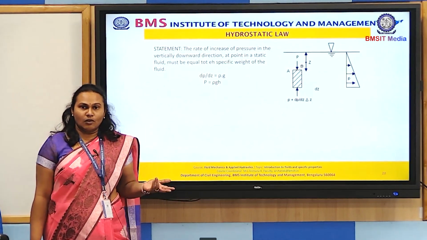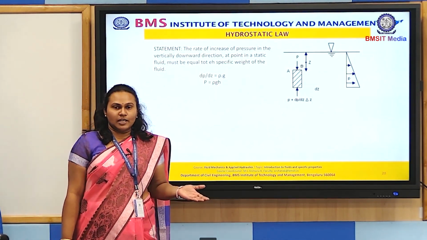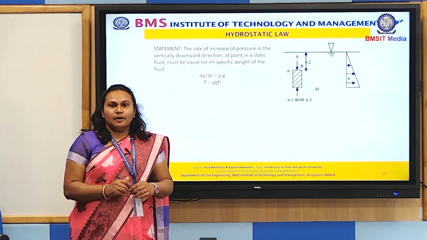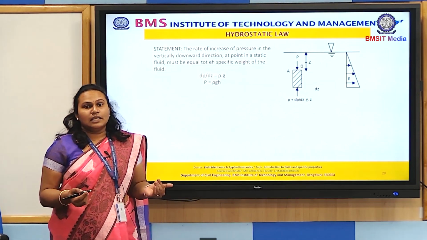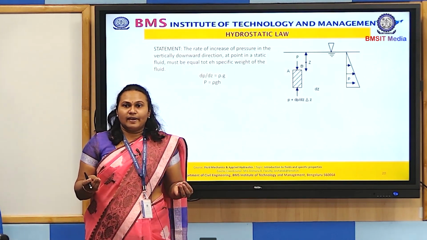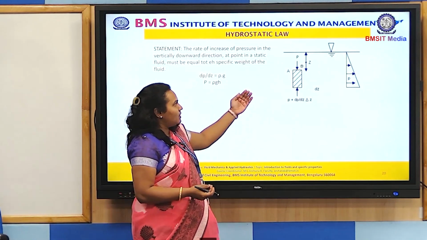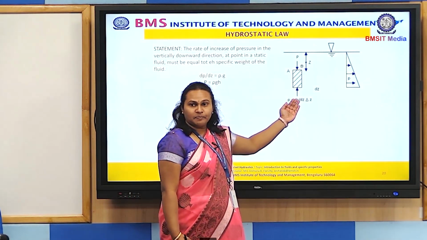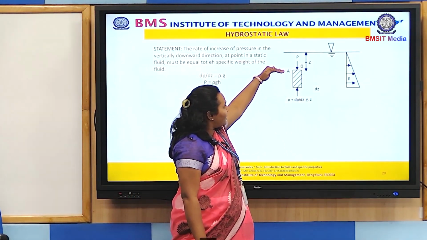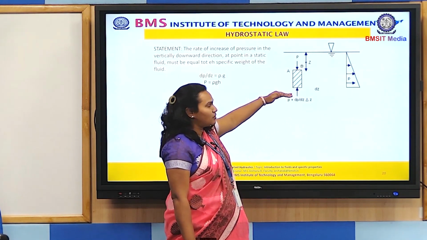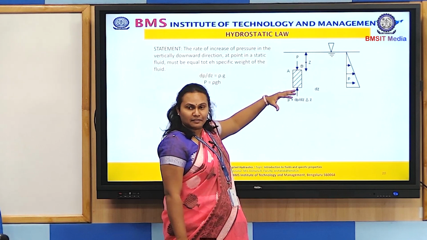Now we have the second law of pressure, which is known as hydrostatic pressure, and it states that the rate of increase of pressure in the vertically downward direction is equal to the specific weight of the fluid. That is, if we have an object immersed in a fluid at rest, the pressure at the top face AB and the pressure at the bottom face will have a difference.